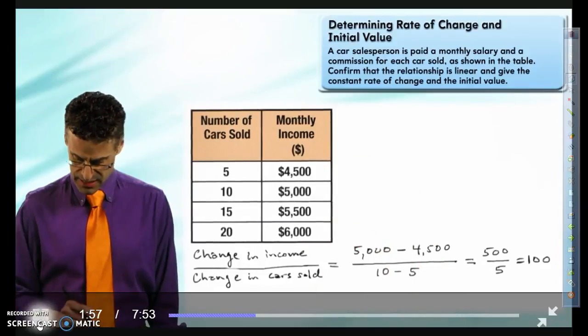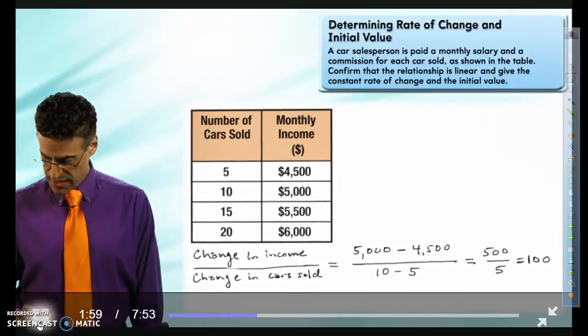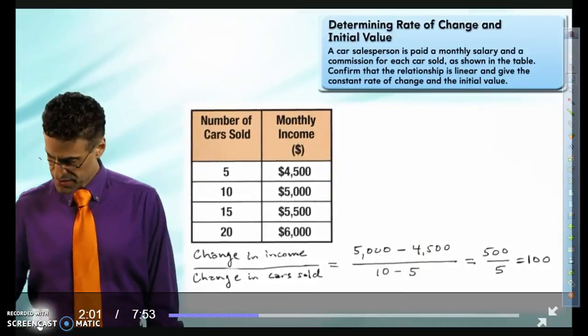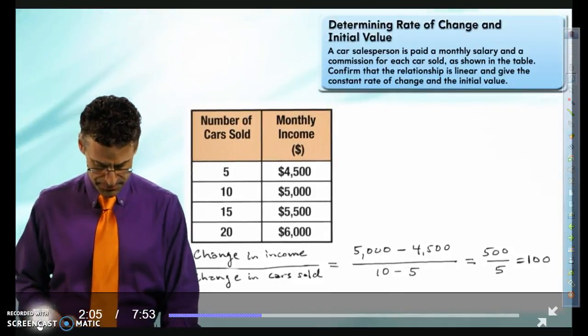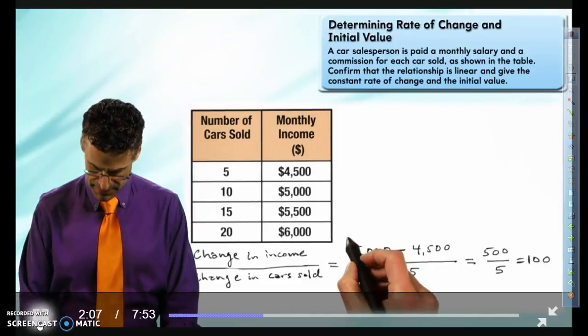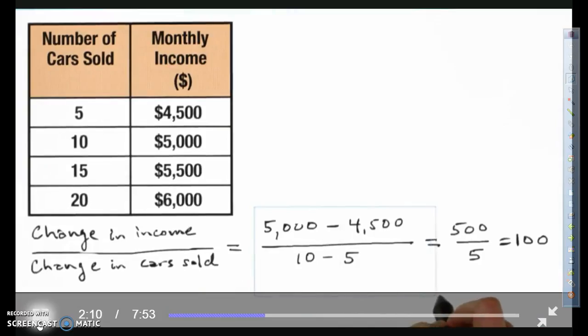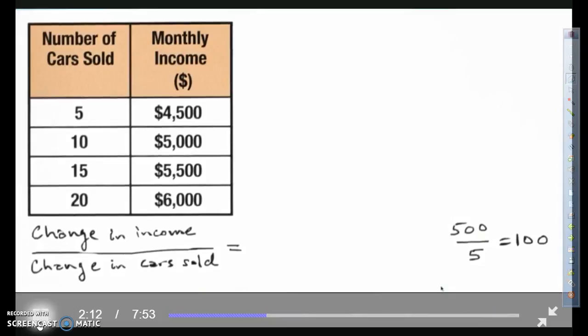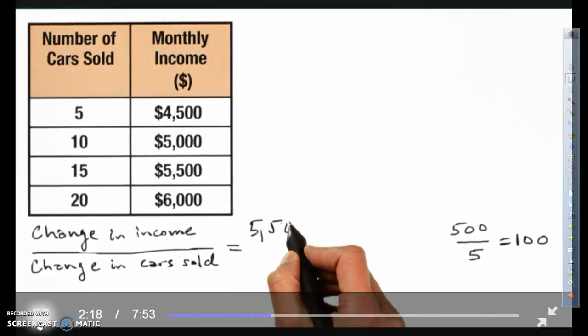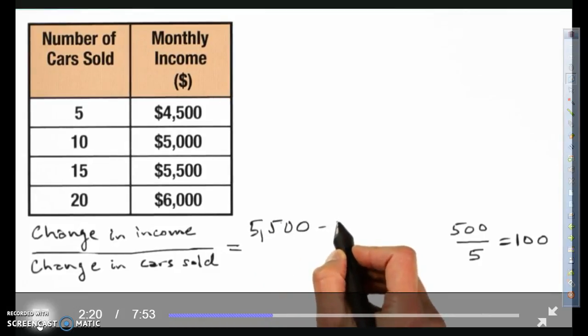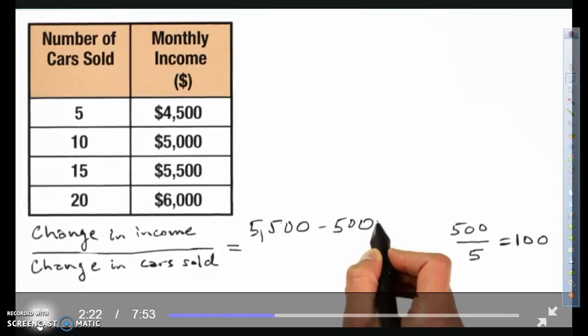We get 100 right here. So now let's try the next pair. The next pair would be to take 5,500 and subtract off 5,000.